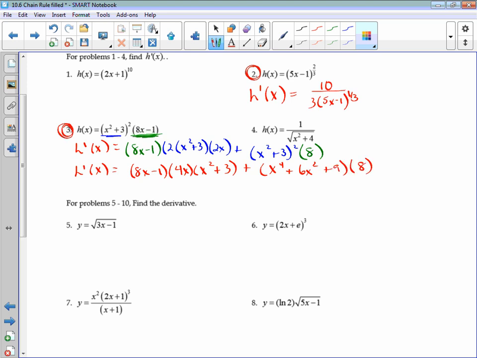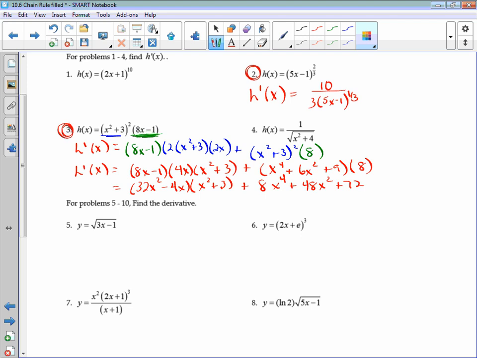So, we'll do these two first. So 32x squared minus 4x, and then times x squared plus 3. Still with me? And then I will be done with my parentheses on this one. So 8x to the 4th plus 48x squared plus 72.